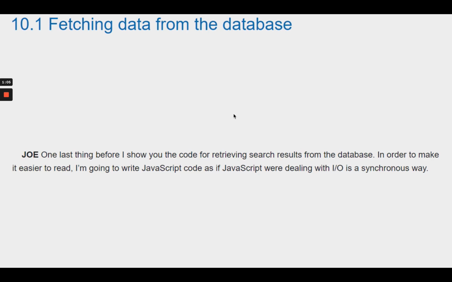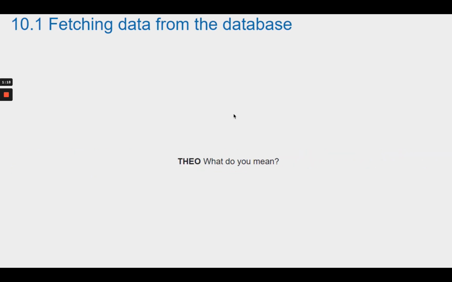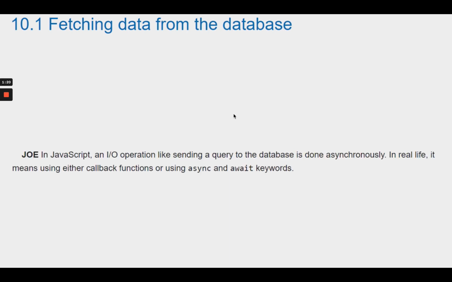Joe: One last thing before I show you the code for retrieving search results from the database. In order to make it easier to read, I'm going to write JavaScript code as if JavaScript were dealing with I/O in a synchronous way. Theo: What do you mean? Joe: In JavaScript, an I/O operation, like sending a query to the database, is done asynchronously.